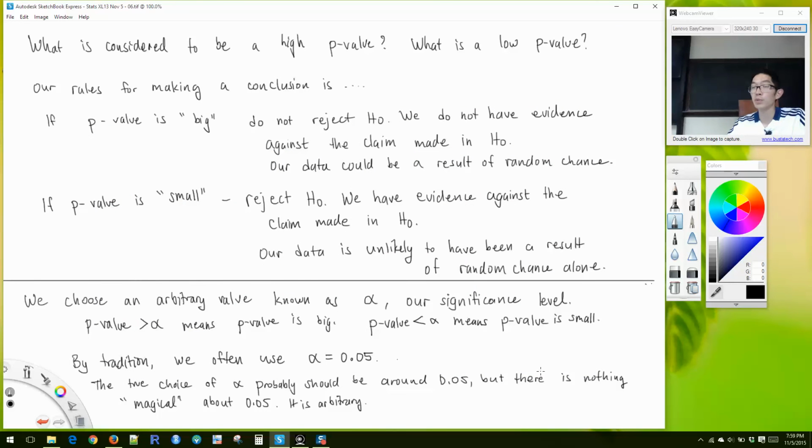For example, we have arbitrary values that we have just come to accept in life. For example, the age you are considered an adult in the United States is age 18. There's nothing magical about that number.